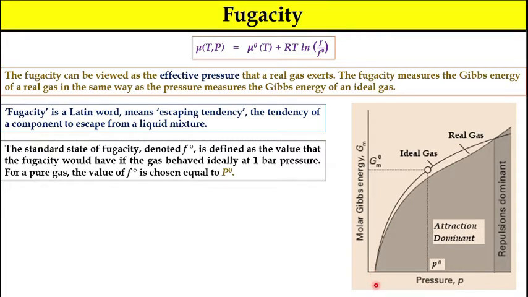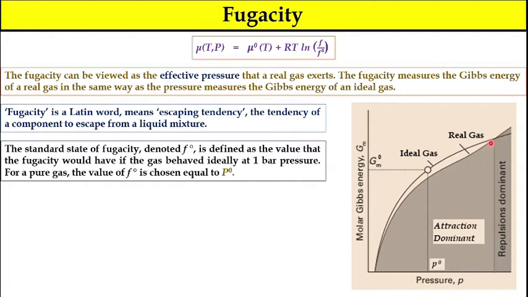And you know that at very low pressure, a real gas behaves like an ideal gas. Okay, so this is the low pressure. At that low pressure, the real gas behaves like an ideal gas. And you can see at very low pressure, the molar Gibbs free energy of ideal gas and real gas are equal. But as you increase the pressure, you can see the difference.